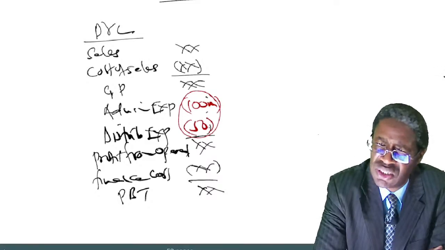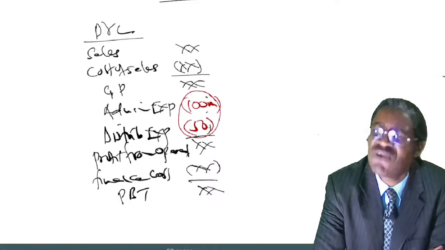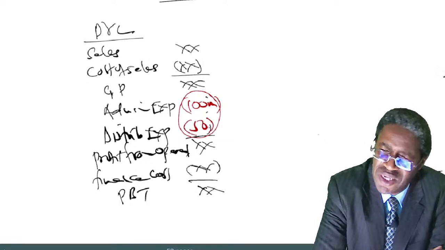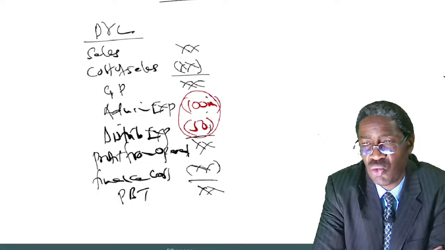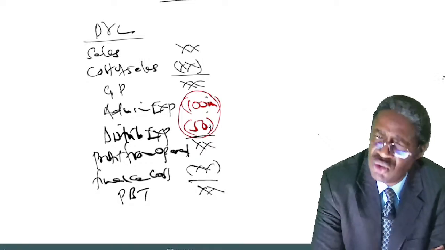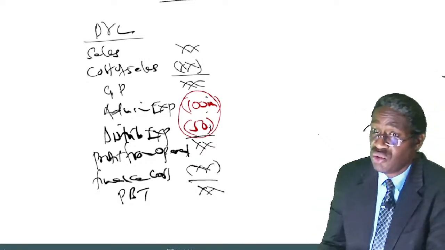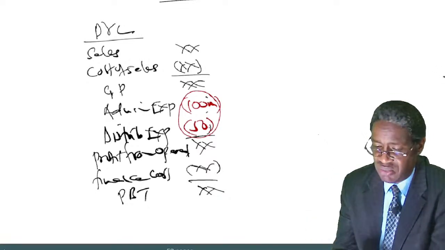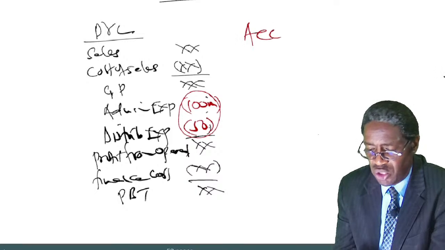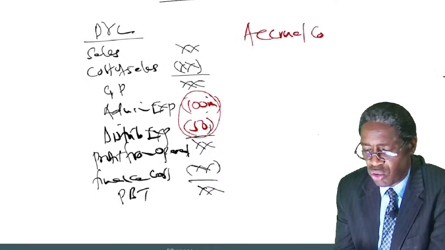But the question is this: did you pay the 150 million for those expenses? The answer is no. Why? Because the rule of accounting says when you are preparing an income statement, you use a concept we normally call the accrual concept.